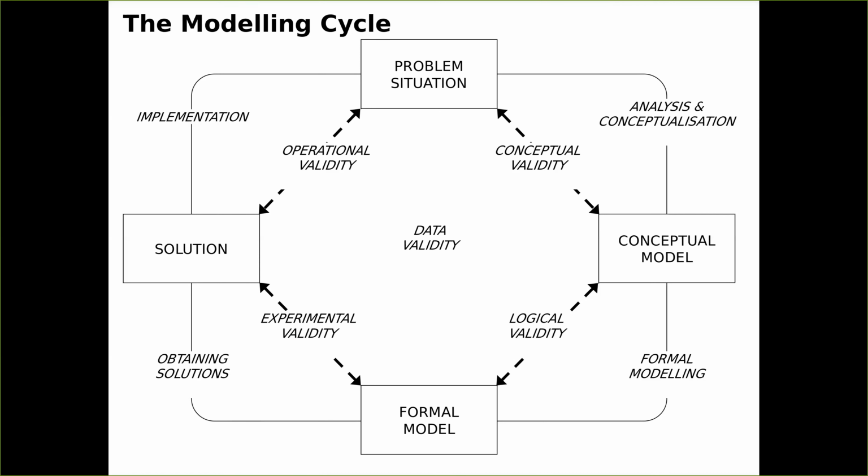Once we've got a formal model, we then use that to obtain solutions. And again, there's some validity that we assess to make sure that the right kind of solutions are coming out, that they match what we would expect. And then from those solutions, we move to implement the change. And that may in itself raise further questions that we can then use modeling again to try and answer.